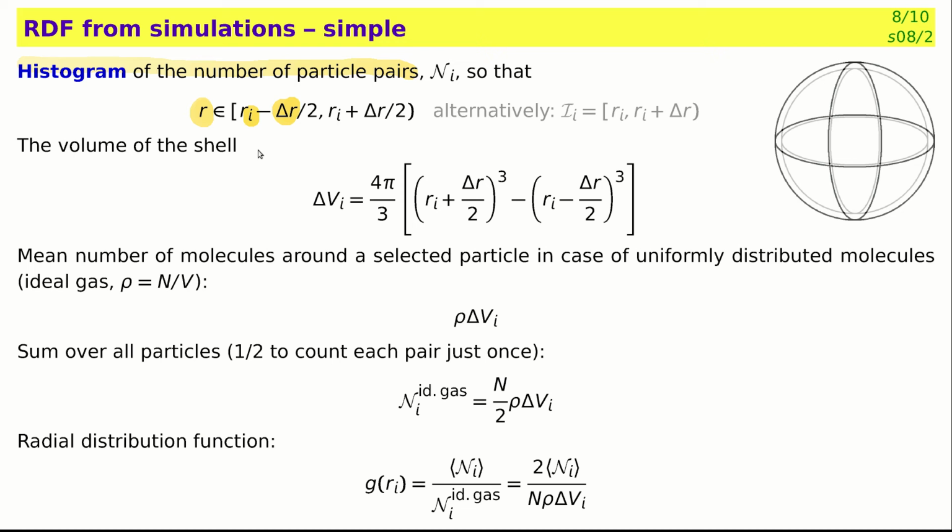So if I get a hit, that is, the distance I have goes to this histogram bin, I accumulate unity into this histogram. I do this for the whole simulation, and during the simulation I do it again and again to get good statistics over many configurations.